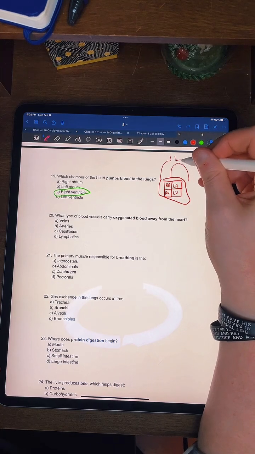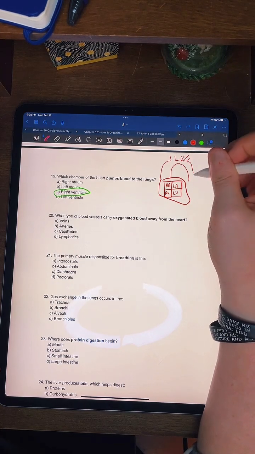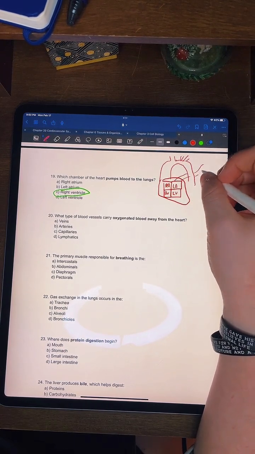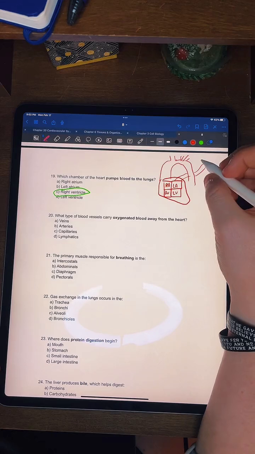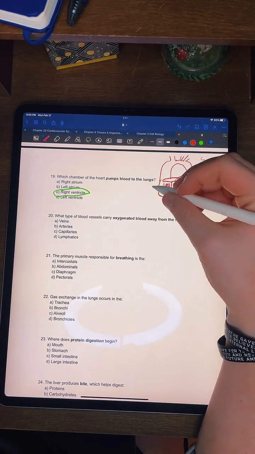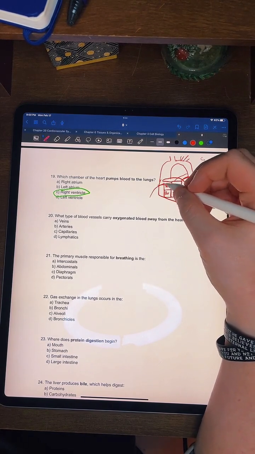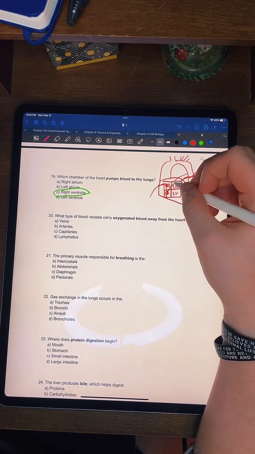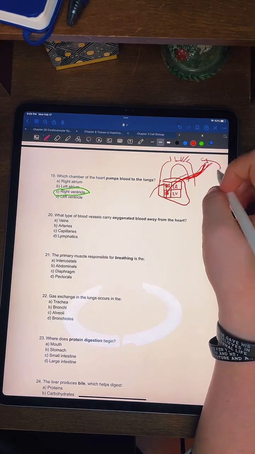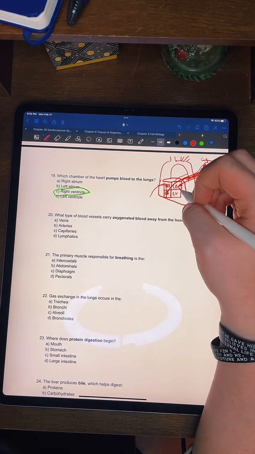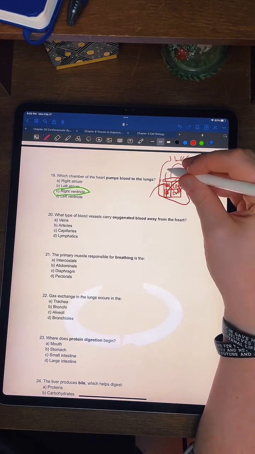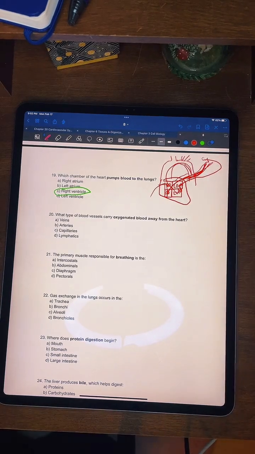There's the aorta, and these are our pulmonary arteries. To get to the lungs, you have to go through the pulmonary artery, which is away from the heart. Blood flows to the right atrium into the right ventricle, and then it gets pumped through the pulmonary artery to the lungs, returns to the left atrium through pulmonary veins into the left ventricle, and then out the aorta to the rest of the body.